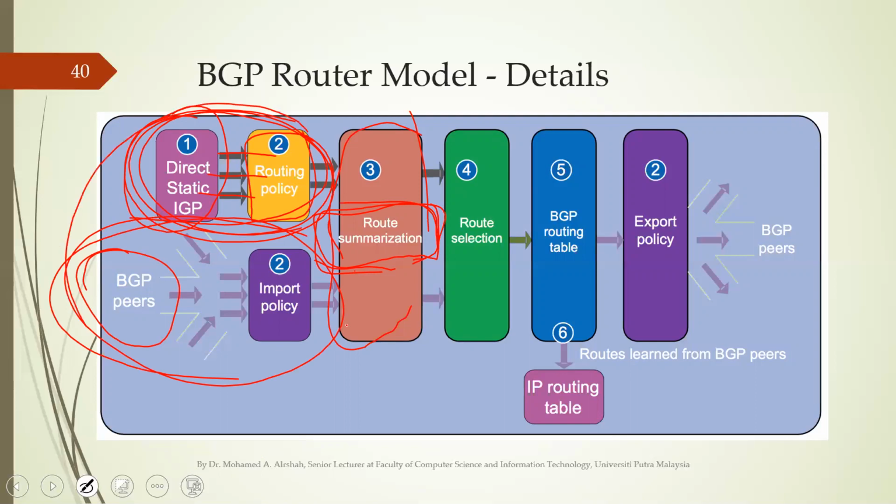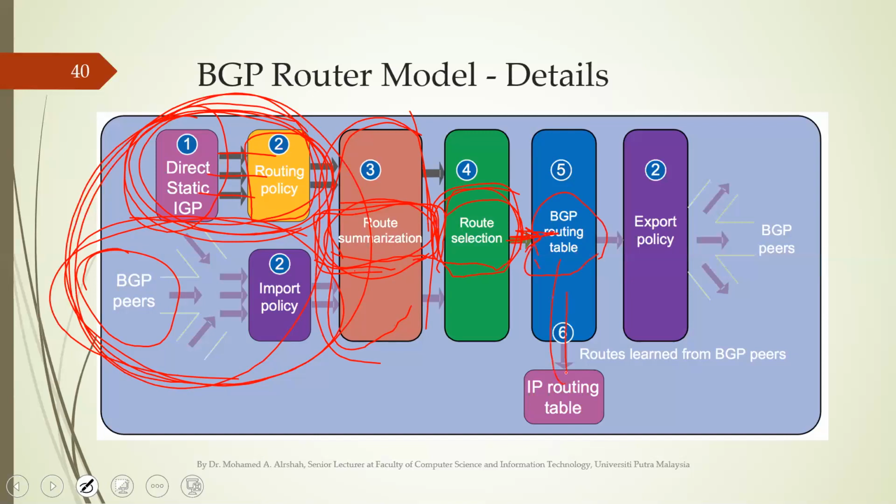Based on this information that comes from static and BGP peers, this box is going to do route summarization or filtration to filter out the unwanted routes. Then based on the criteria, based on the metrics, one route is going to be selected and sent to the next box, which is the BGP routing table. This one builds the routing table.